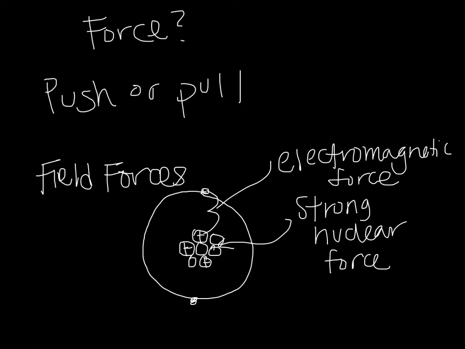And there are weak nuclear forces which arise in certain radioactive decay processes. So when we talk about different types of decay, such as alpha decay, beta decay, gamma decay, that would involve those weak nuclear forces. And then there's also a gravitational attraction between objects.